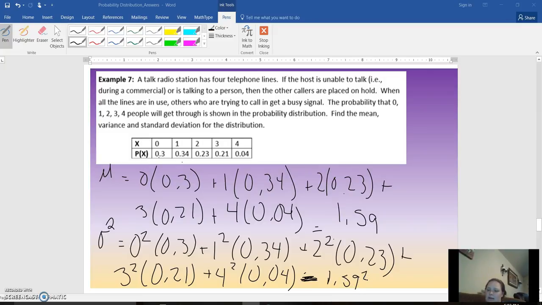Let me type that in my calculator. 0 squared times 0.3, 1 squared times 0.24, 2 squared times 0.23, 3 squared times 0.21, 4 squared times 0.04, minus 1.59 squared.